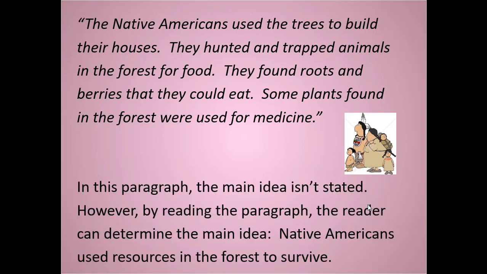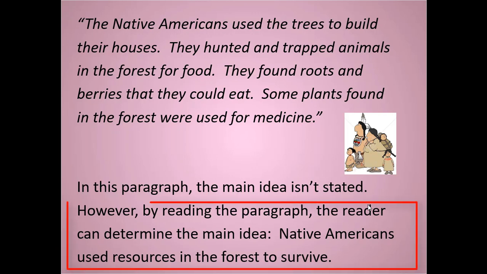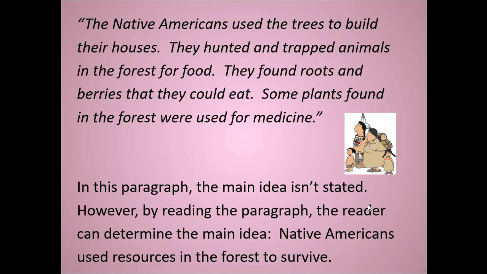So in this paragraph, the main idea isn't stated. However, when you keep reading the whole text, you can determine the main idea. So what is that? Native Americans used resources in the forest to survive. Okay, so this is about Native Americans and resources. So they are using resources. What are the resources? For example, trees.